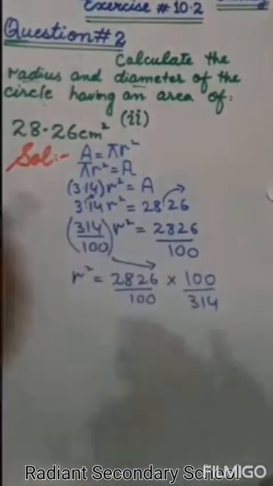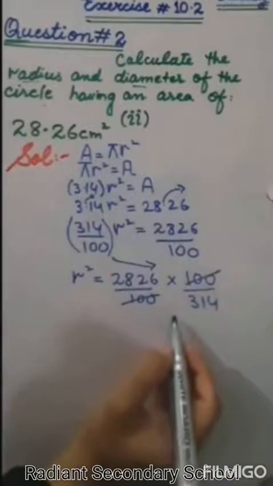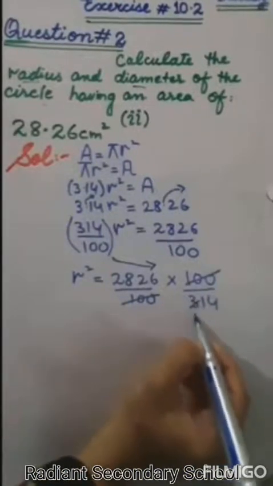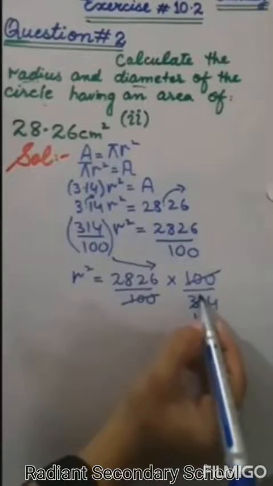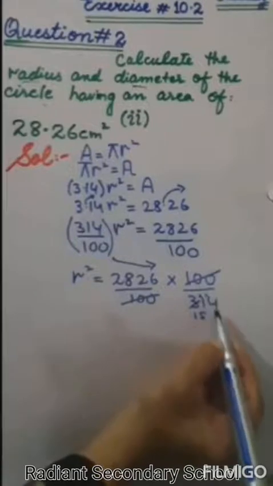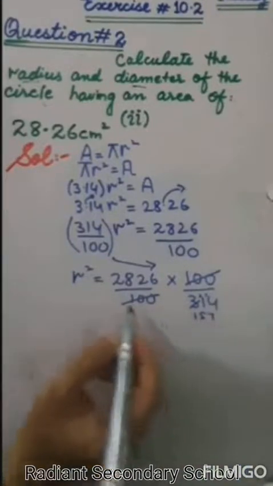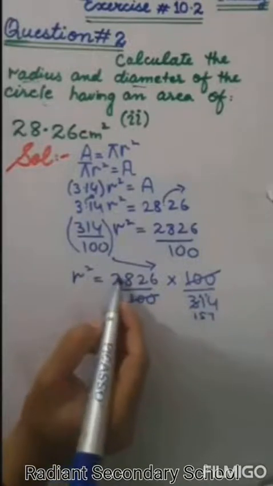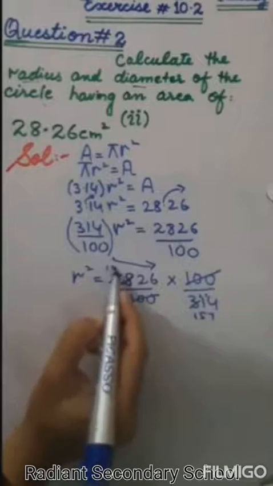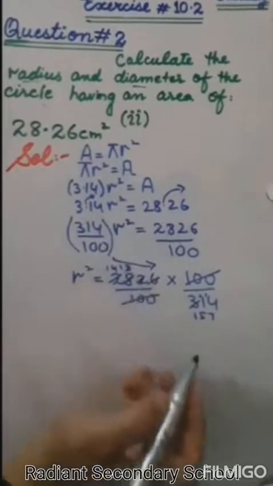Okay, now this 100 can be cut with this one, and with the table of 2 we will cut this one. 2 1s are 2, it becomes 1. 2 5s are 10, it becomes 1. 2 7s are 14. Come to this one. With the table of 2 we have to cut. 2 1s are 2, 2 4s are 8, 2 1s are 2, 2 3s are 6.